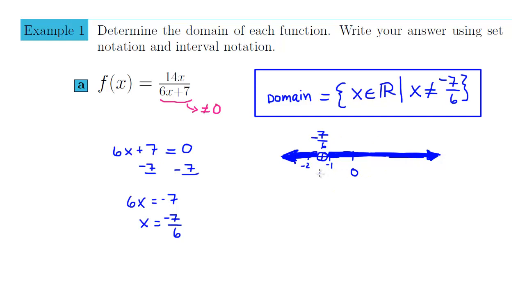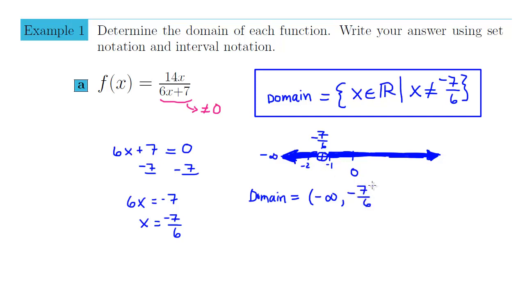From the number line, we can then express the domain in interval notation. We first look at this interval here, and when we do interval notation, we take the leftmost endpoint and go to the rightmost endpoint. So this would be the set negative infinity all the way to negative 7/6.